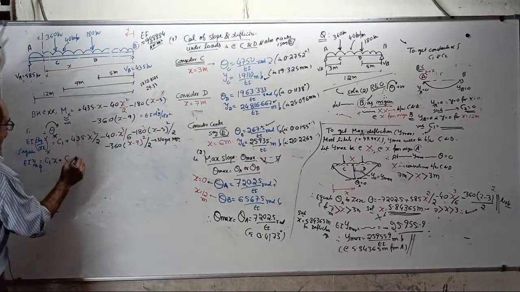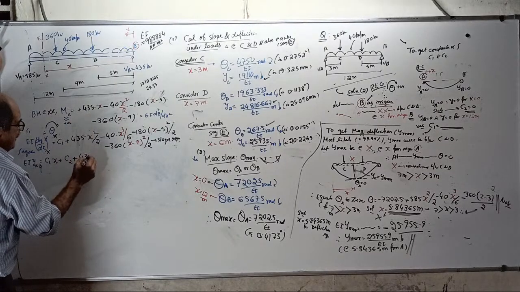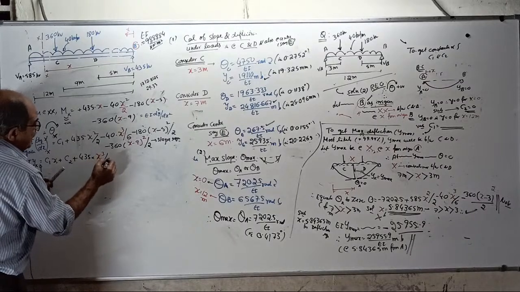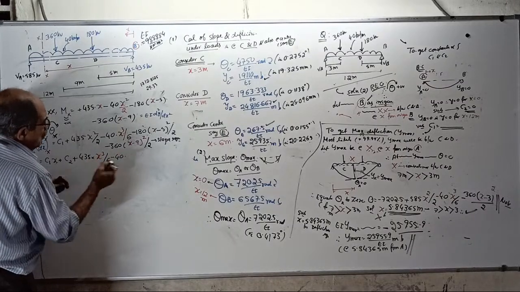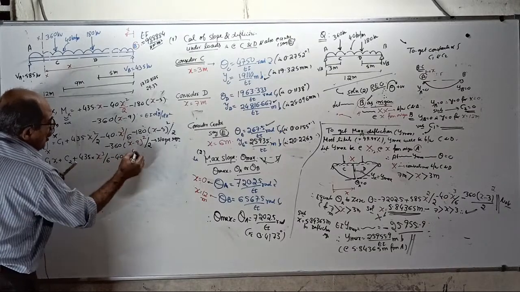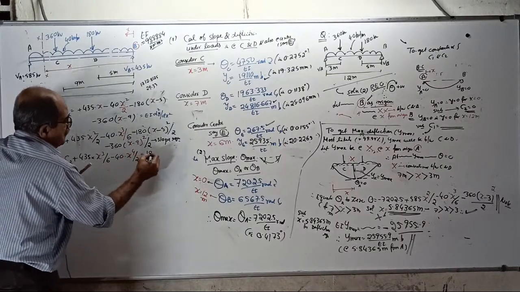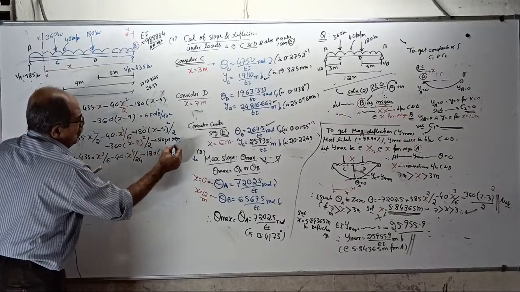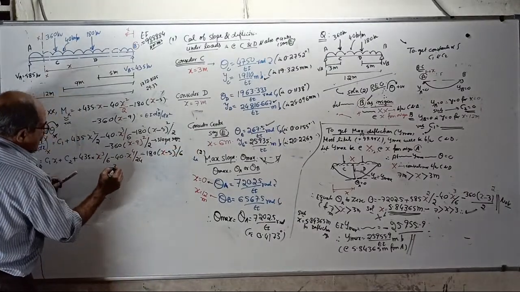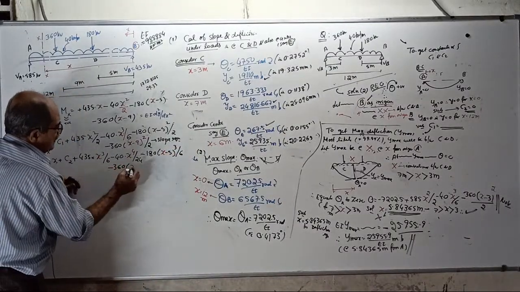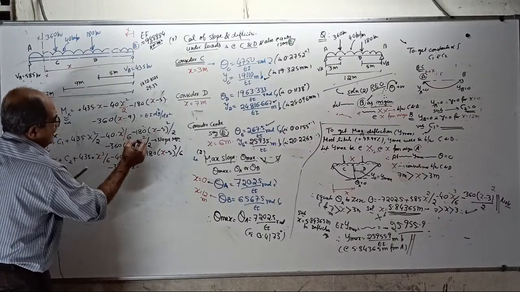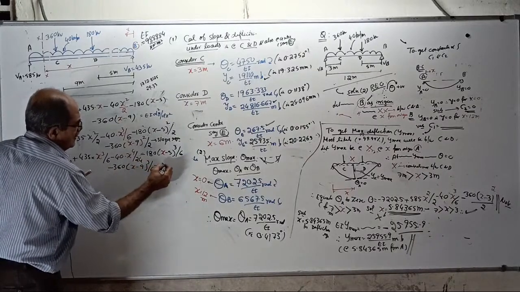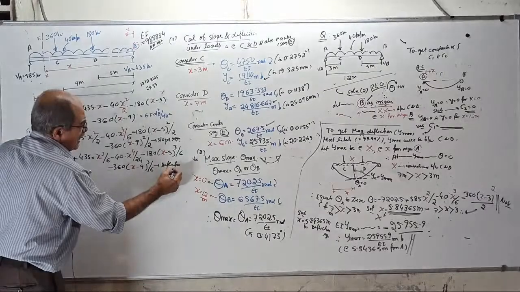C1x plus C2 plus 435 into x cube by 6 minus 40 into x power 4 by 24 minus 180 into x minus 5 cube by 6 minus 360 into x minus 9 cube by 6 is the deflection equation.